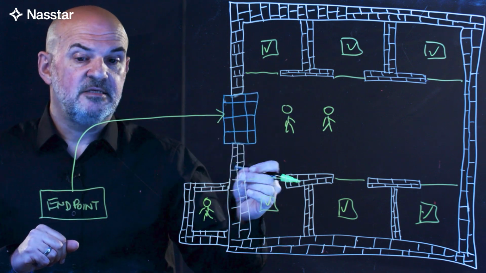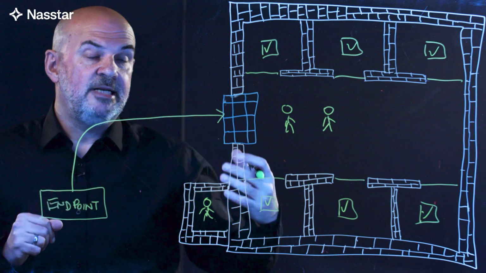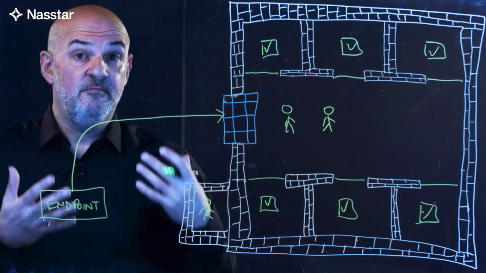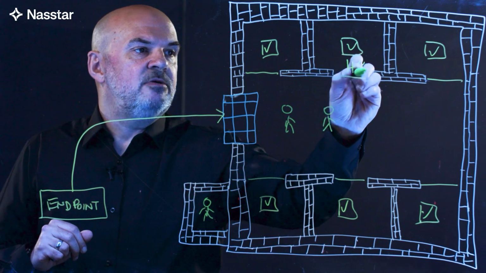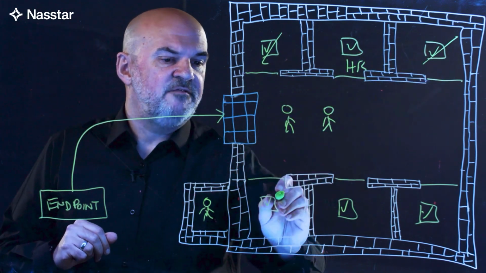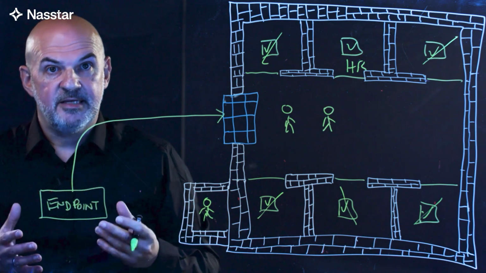So in effect, the user could use something like this, but for my role, I might only need access to the HR applications. So for me, the only thing that I see is the HR application, and all of these are obfuscated from view. I can't get access to them, and therefore the threat actor can't get access to them.